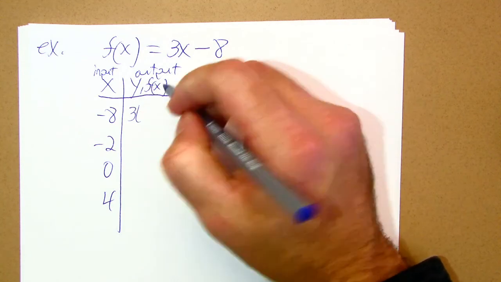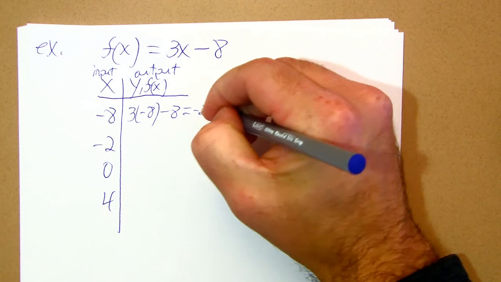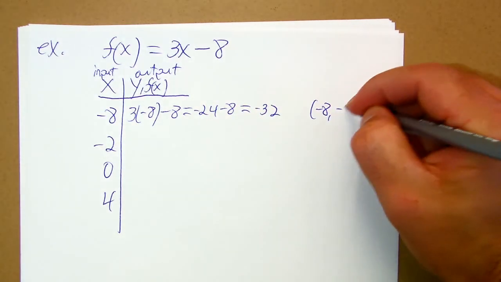We can think of it as y or f of x. I mean, -24 minus 8 is -32, so that'd be the point -8, comma -32.